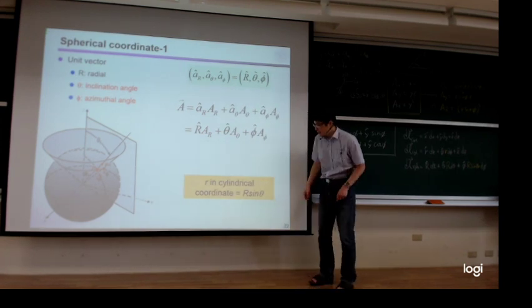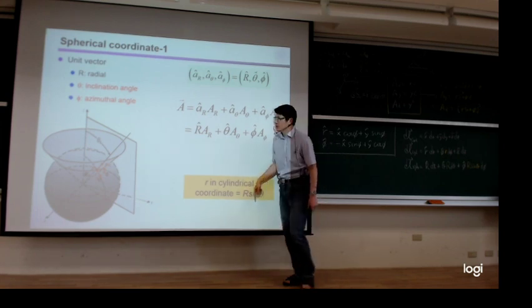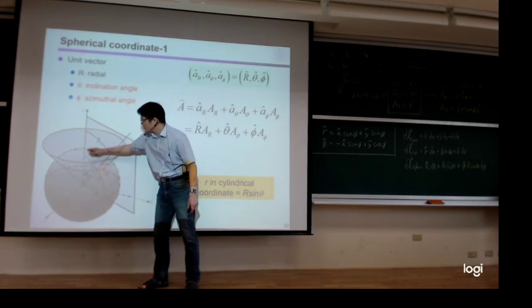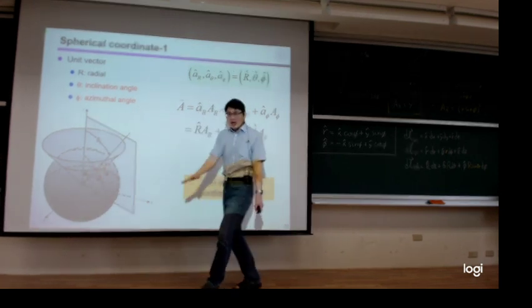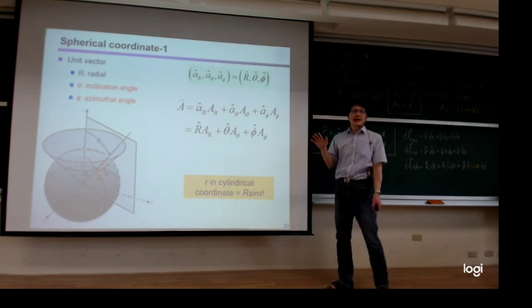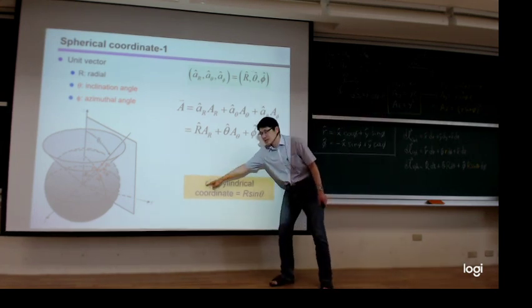We can make that projection by this capitalized radius multiplied by sine theta, meaning you're only trying to find this radius. Once you project that onto the xy plane, this r sine theta is the non-capitalized r in cylindrical coordinate.